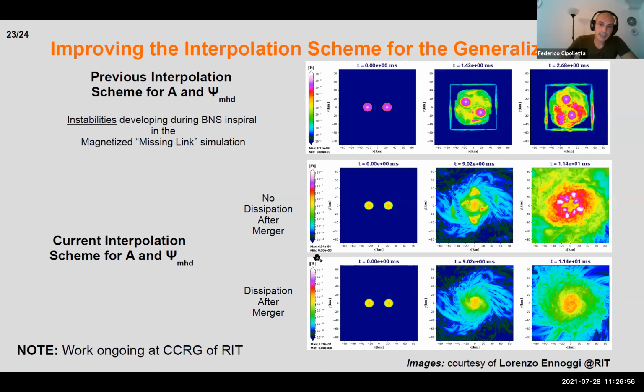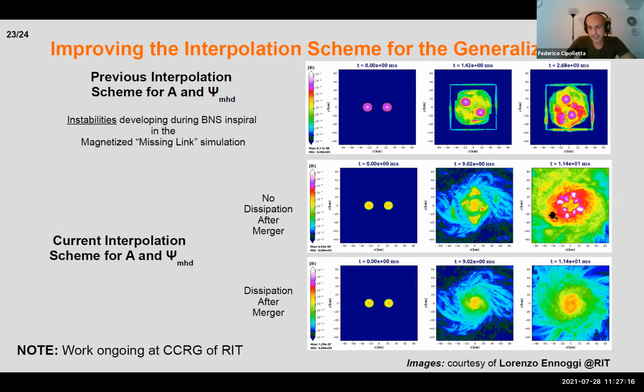Here is the actual status of Lorenzo's work. The top panel is without dissipation, and the bottom panel is with dissipation. He changed the interpolation scheme adopted for the vector potential and scalar potential.